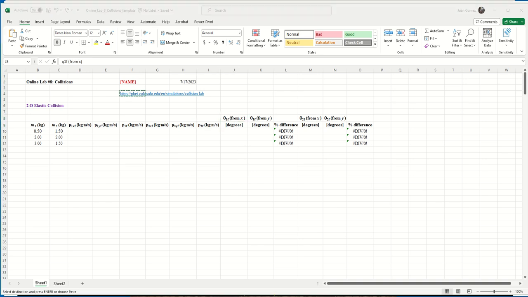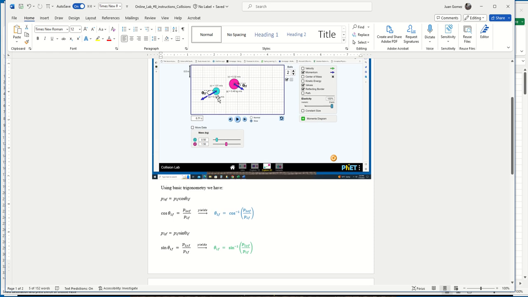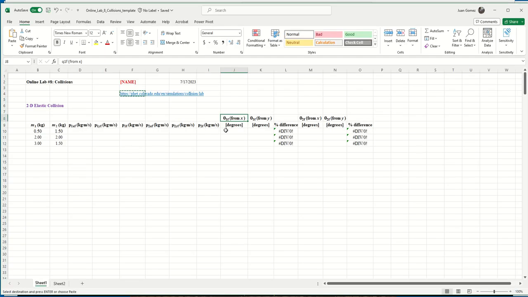Again, look at the instructions. Theta 1 final, that's the angle that V1 final makes with the x-axis. Likewise, now we're going to do it using trigonometry in the x direction, and then we're going to calculate theta 1 final using trigonometry applied to the y direction. Then we're simply going to do a percent difference between those two values.